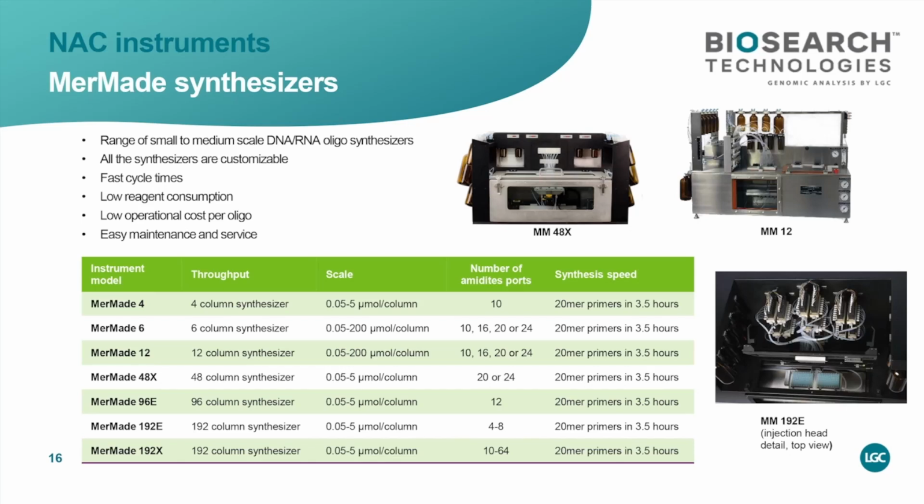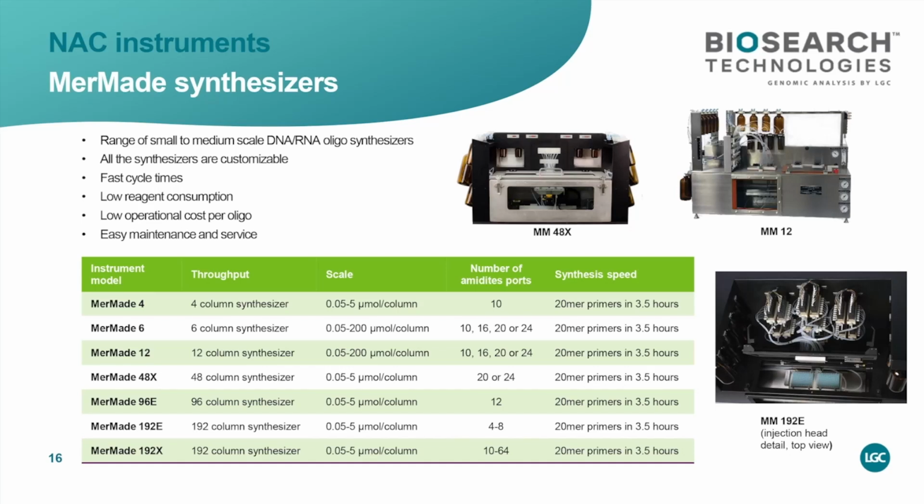Then we're going into higher throughput instrumentation. This is more for screening, or if you have multiple oligos you want to make a day. We have the mid-scale 48 synthesizer, and we also have 3 different variations of plate synthesizers: the 96, the 192E, which is a high throughput instrument and is featured right here, and our 192X.